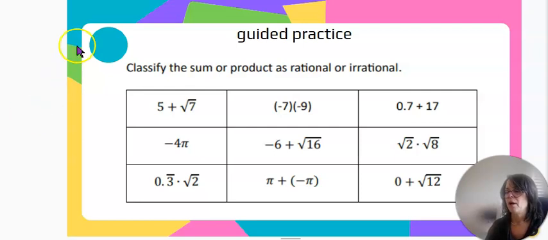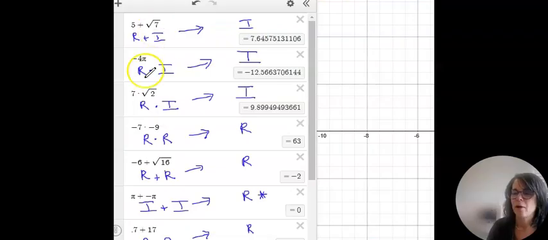All right, so to do these, some of them you'll be able to do without putting them in the calculator, but I'm going to go ahead and show you how each one looks in the calculator and how to look at your answer and determine rational or irrational. All right, so here I go. These are just the ones from the slide. I put them in. I have a rational number plus an irrational number.